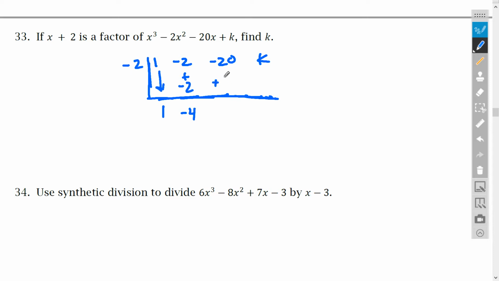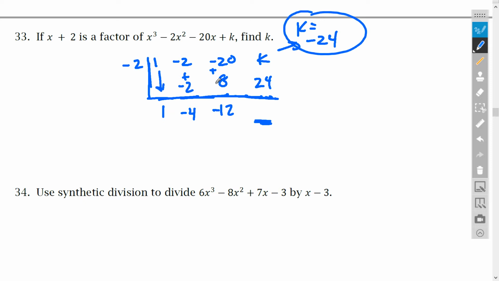Multiply these, negative 2 and negative 4 is 8. So add these, negative 12. Negative 2 times negative 12, that's 24. So in order for this to be 0, my k would have to be negative 24. So k would have to be equal to negative 24 for the remainder to be 0 here.